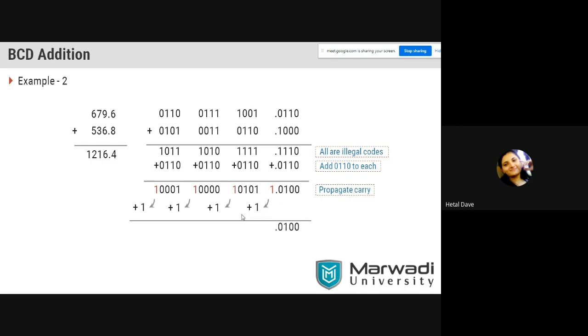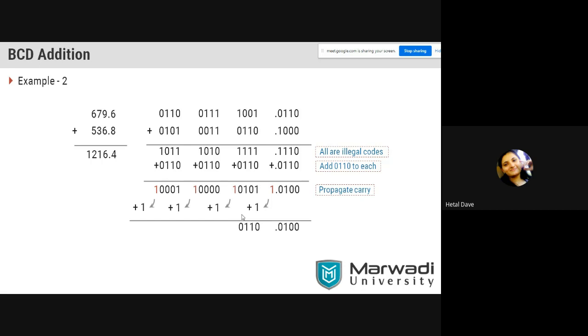So your first combination will be 0100. Are you getting this answer? Which is equivalent to 4. 0110. Are you getting this answer? If anyone is not getting it, please let me know so I can understand whether you know binary addition or not.